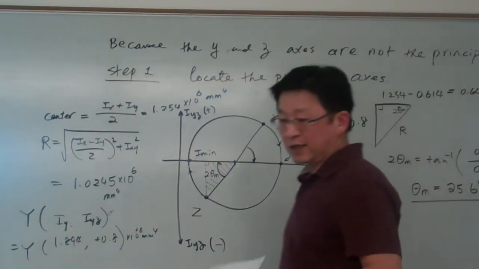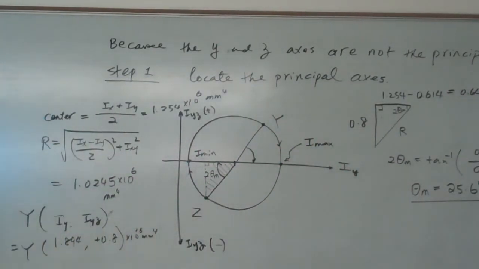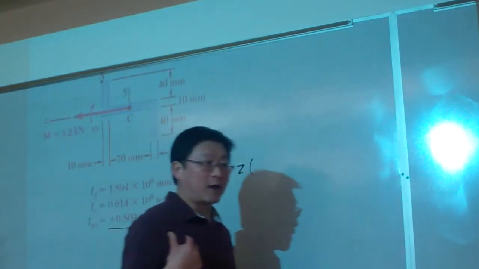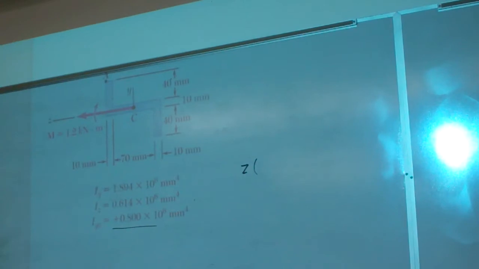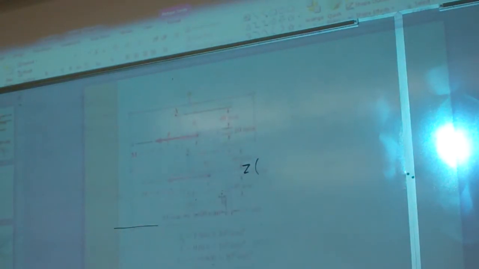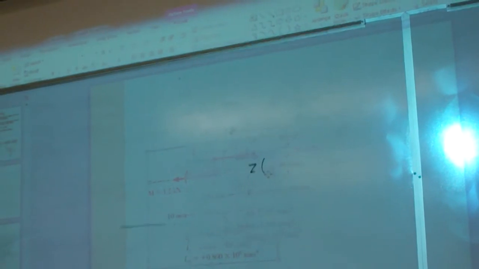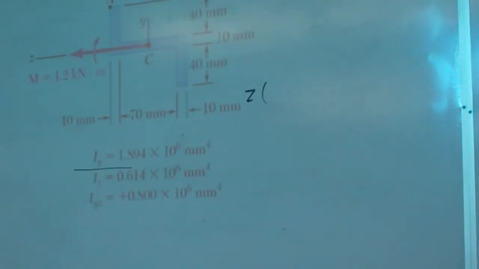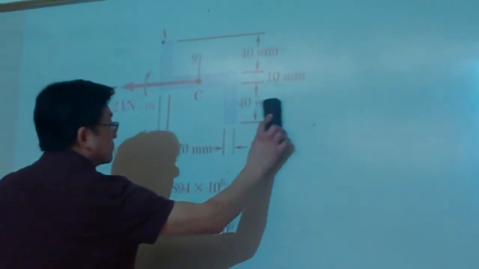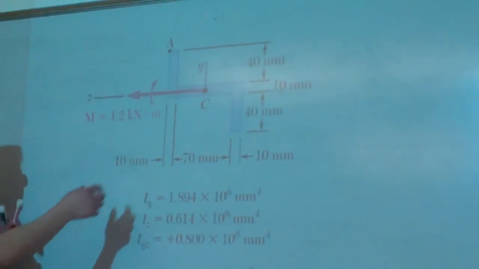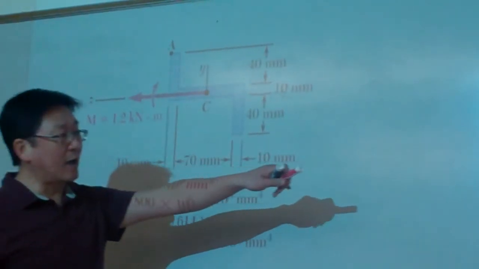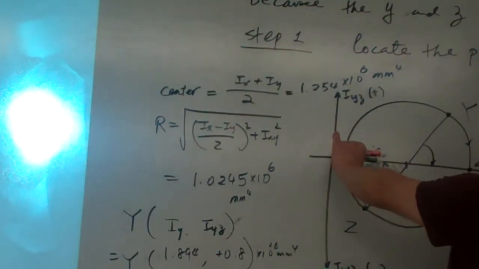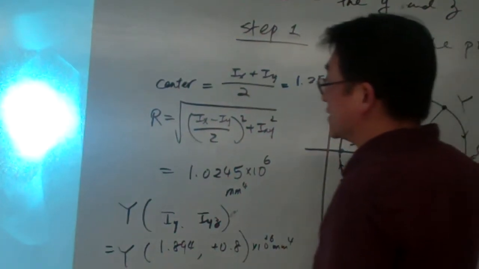So therefore we can label our principal axes. Let me drag that figure down a little bit more. So this is Y, this is Z. And the principal axes are found by rotating YZ in the clockwise direction by about 26 degrees.